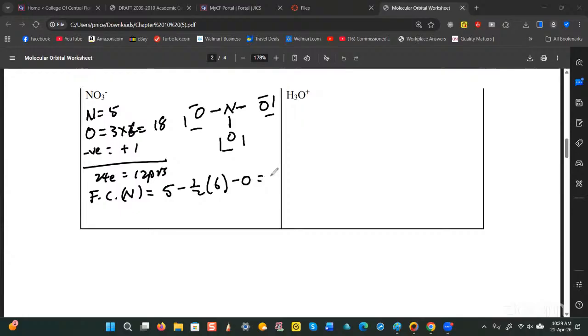So that gives 5 minus 3, which gives you +2. Then we do the same thing for each oxygen: 6 minus half of 2 minus 6, and that gives you -1. So each oxygen is going to have a -1 charge. What's the next step?